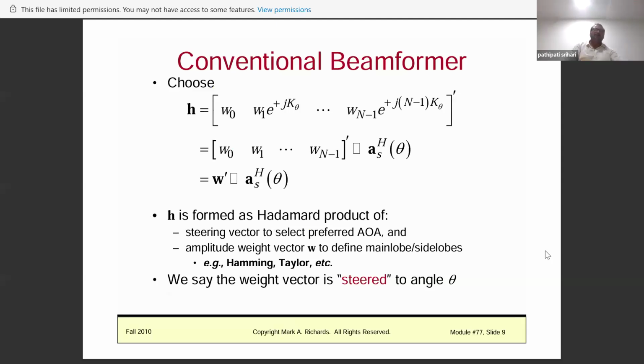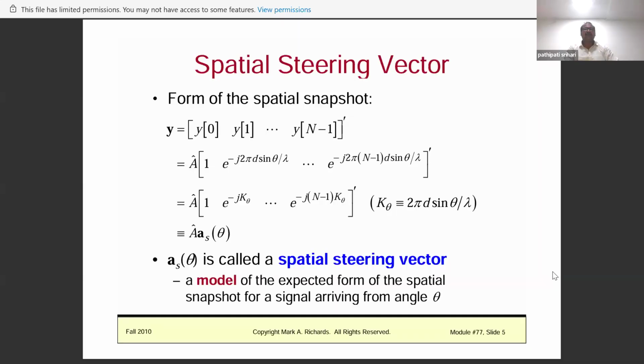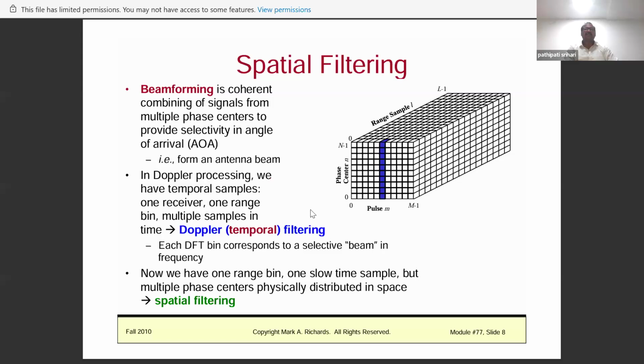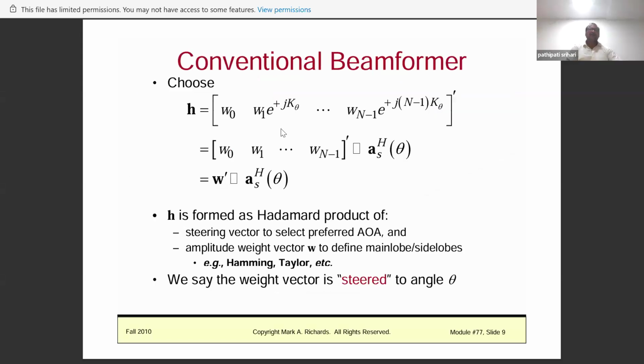So the conventional beamformer is: you choose weights in such a fashion that W0, W1 e^{jkθ}, dot dot, W_{n-1} e^{j(n-1)kθ}. Previously we had minus jkθ, but now we are trying to get plus jkθ, so that eventually when you multiply them, you end up with H Hermitian.